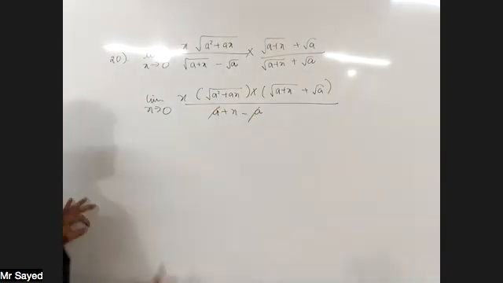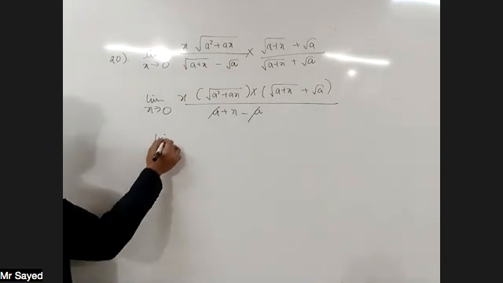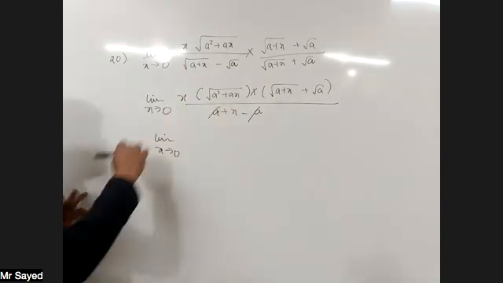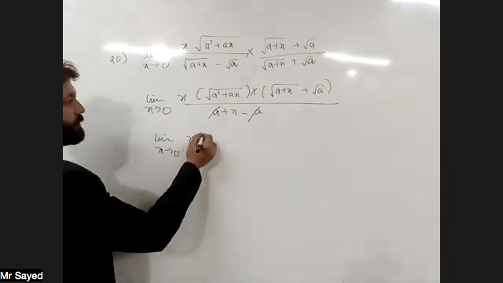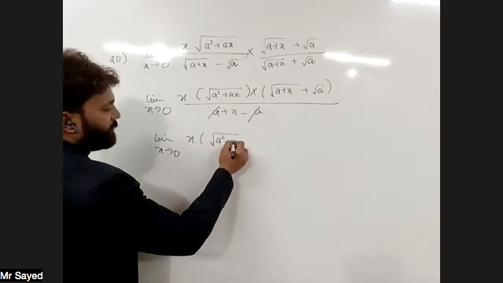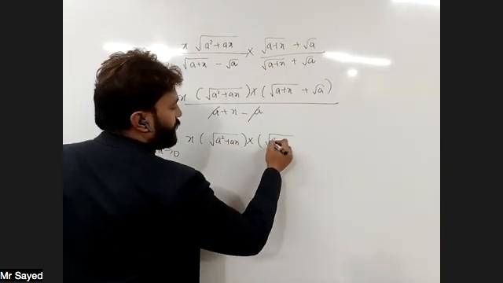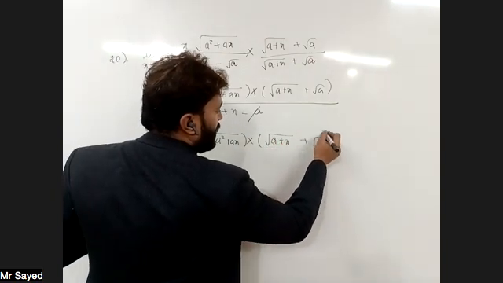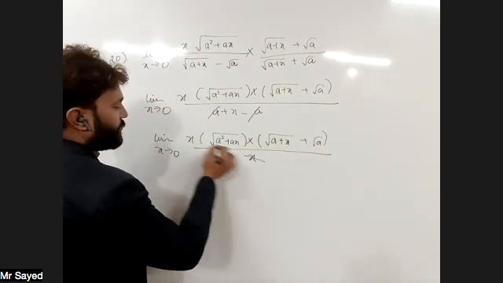This a and this a cancelled. देखो सब कुछ एक ही स्टेप में कैंसिल नहीं कर देना, that will be meaningless. So x root a square plus ax into root a plus x plus root a and whole upon x.